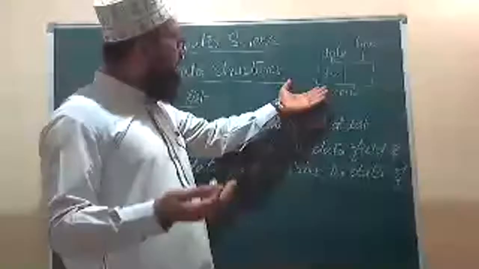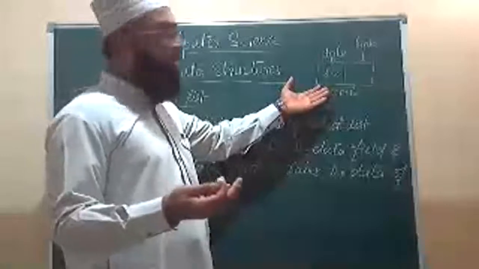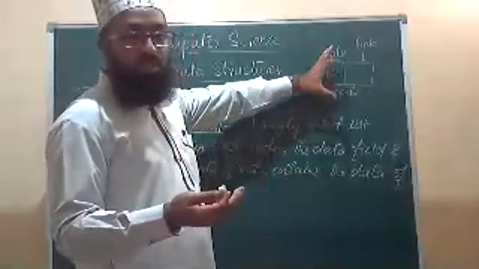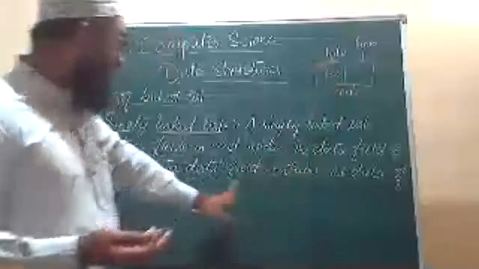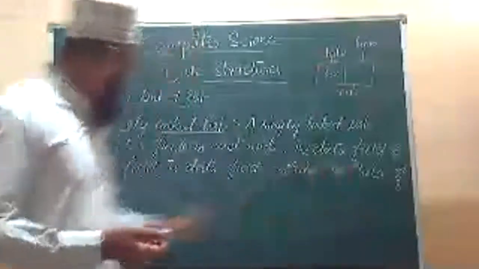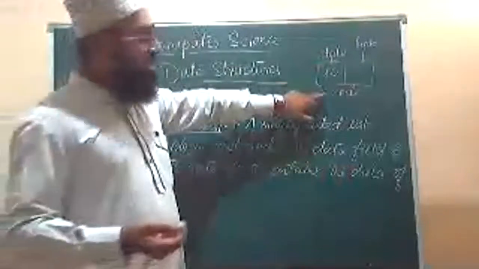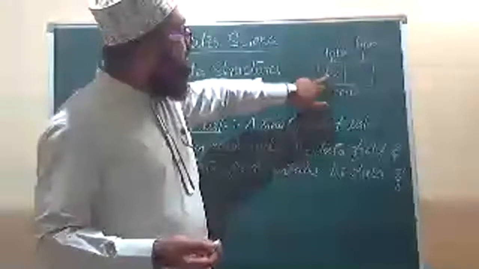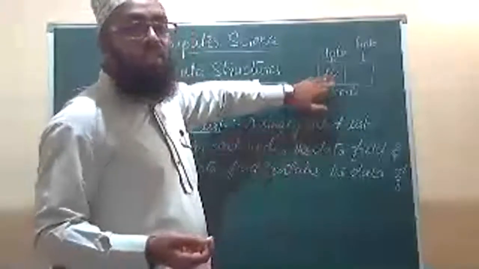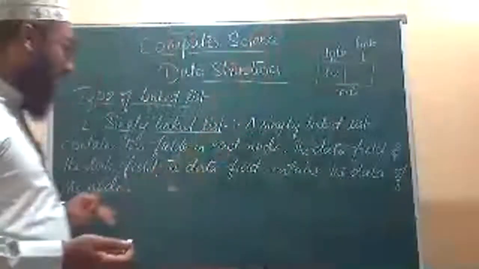Here nothing is restricted. Any data it may contain, but the data should be its own data. This is a node, and in its data field it is containing its own data.